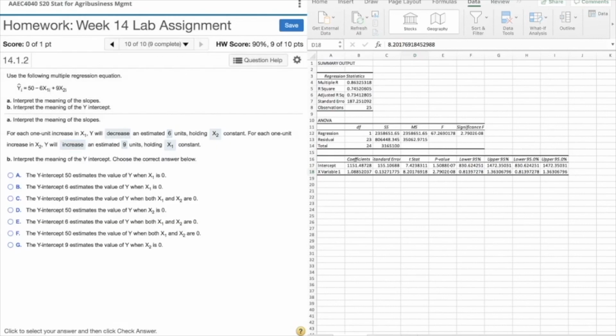Okay, so B part, the y-intercept is 50. So we only consider A, D, and F. And we need to keep both x1 and x2 at 0. So F is correct.